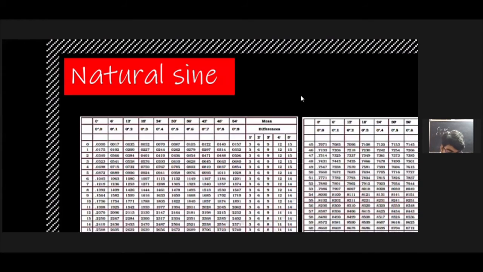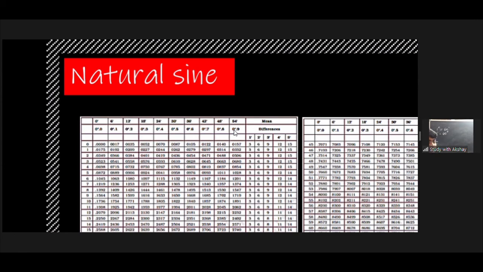This table is known as natural sine. I have zoomed it so you can see here. It starts from 0 degrees. Then it goes to 0 minutes, 6 minutes, 12, 18, 24, 30, 36, 42, 48, and 54 minutes.